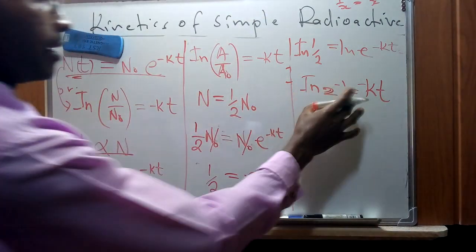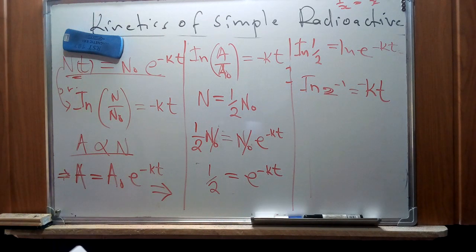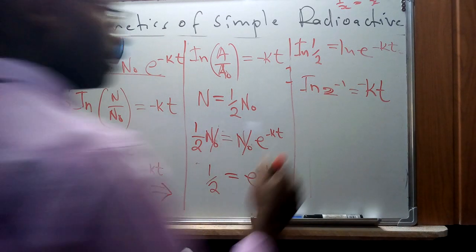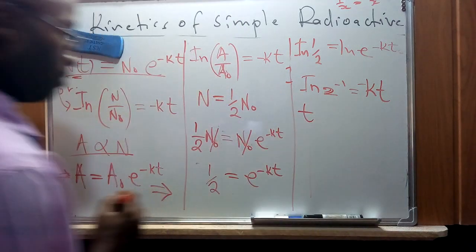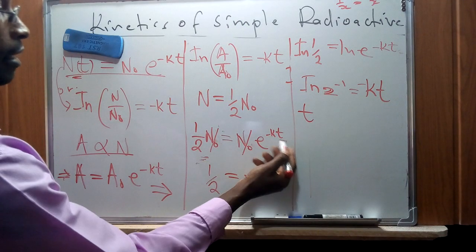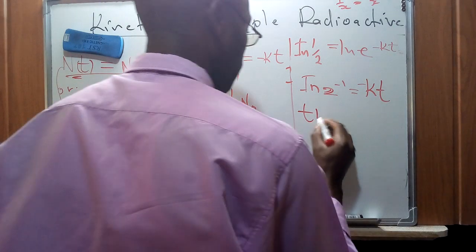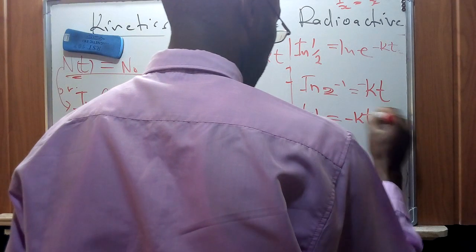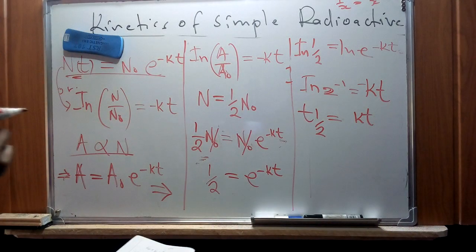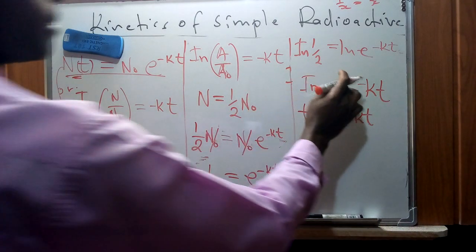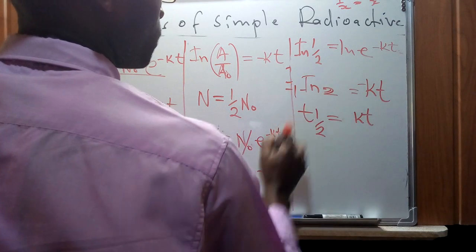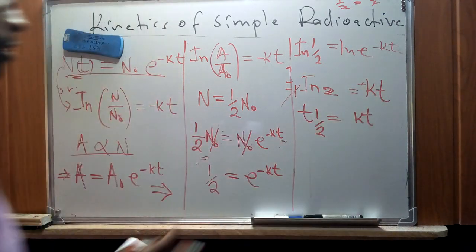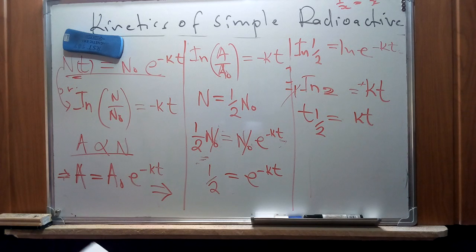Since we have a negative on both sides, those can be cancelled, therefore implying that the t we were talking about from this particular concept is the half-life. So t half-life is going to be represented as kt with no negative, since we have just eliminated that negative from this exponent.